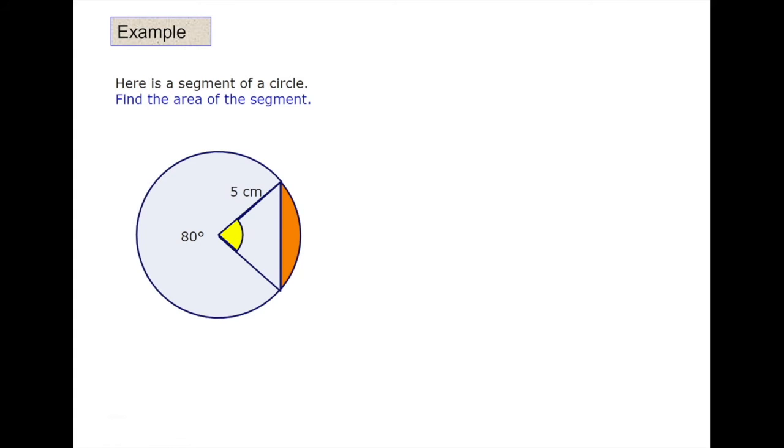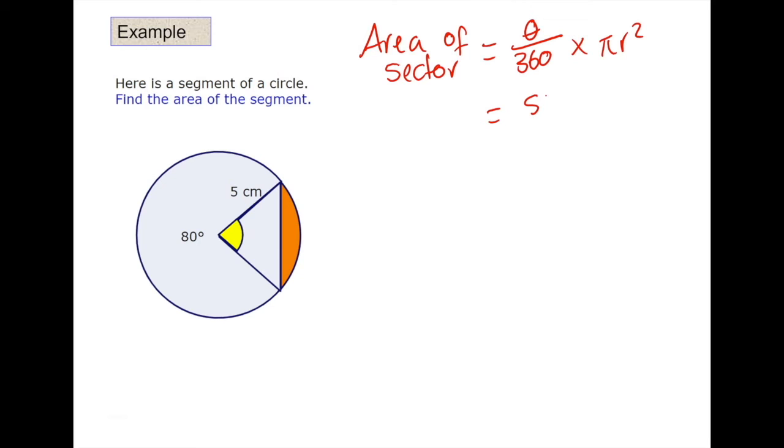So first of all, let's find the area of the sector. First of all, write down the formula, subbing in the values that we've got. So the angle is 80, the radius is 5 squared, it's 5, sorry.